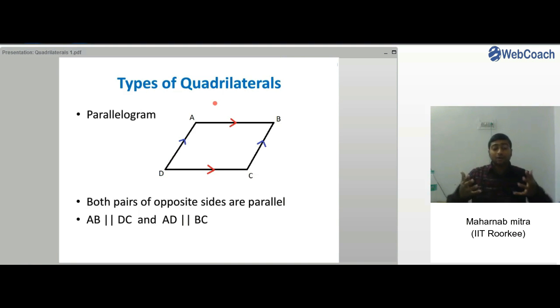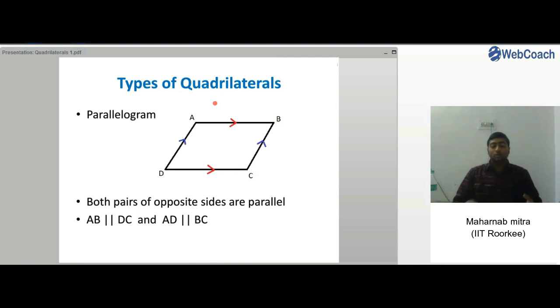If they are parallel to each other, that means either they are overlapping onto each other or they are not meeting at all. So you can see the red arrows show one set of parallel lines, and the blue arrows show another set of parallel lines. So you can see AB is parallel to DC and AD is parallel to BC.